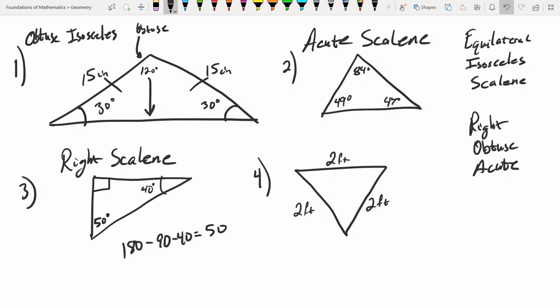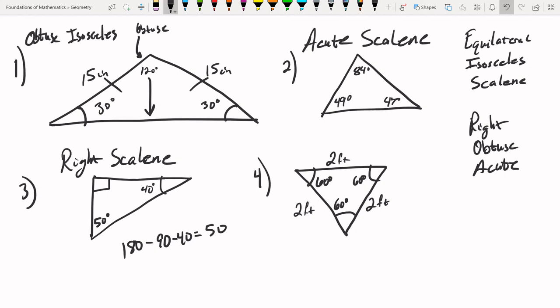Okay, number 4. All of the side lengths are 2 feet. Since all of the side lengths are the same, that means all of the angles must be the same. Because if you have the same side length, you have to have the same angle. And if all the angles are the same, that means they have to be 60 degrees. There's no other possibility for that.